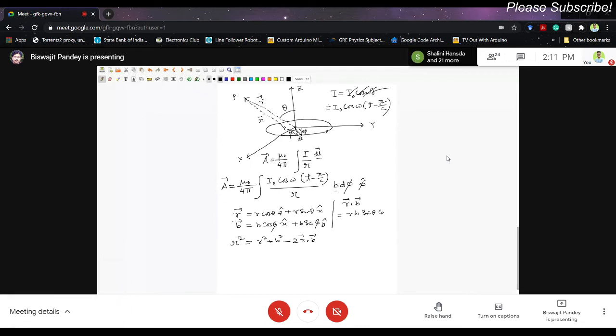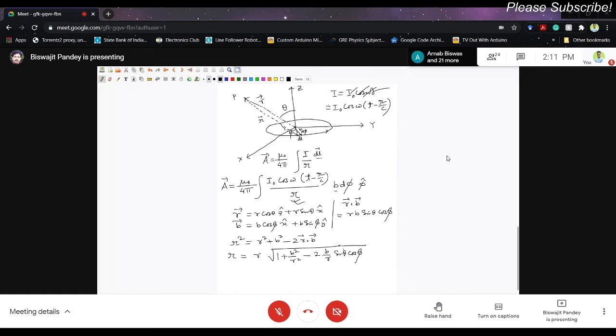You can simplify this further. If I take r square common, curly r equals r times the square root of 1 plus b square by r square minus twice b by r sine theta cos phi. This is the curly r.